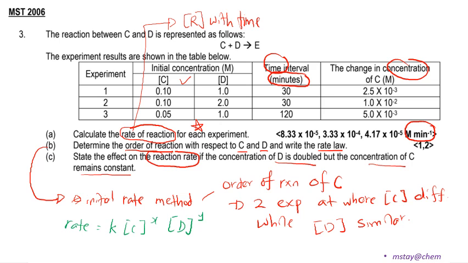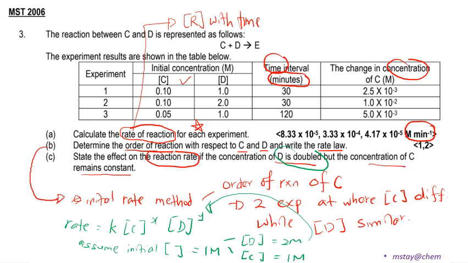If you want to determine the effect on the reaction rate, whether it increases, decreases or remains constant, always assume the initial concentration equals 1 molar. So when concentration D is doubled, it will equal 2 molar, while concentration C remains constant at 1 molar. Then you substitute into the rate law and you will get the effect on the reaction: either increased by a certain factor, decreased, or remaining unchanged.